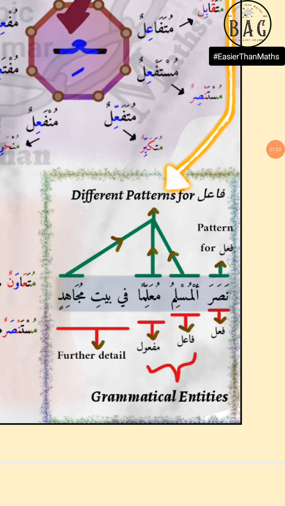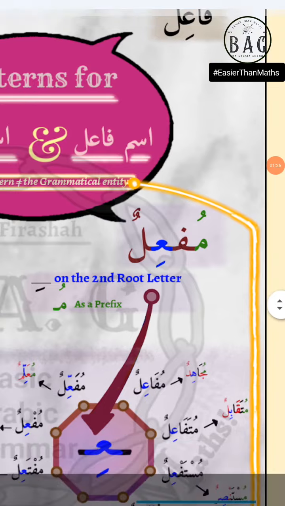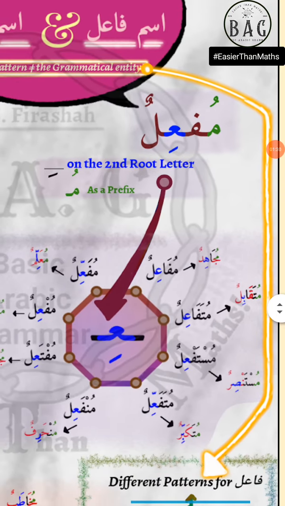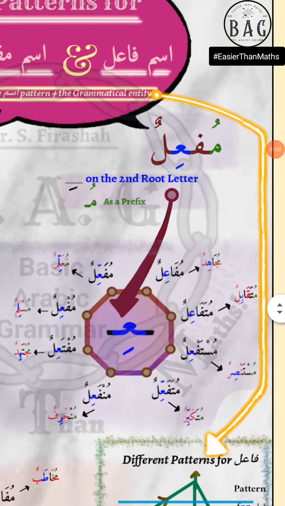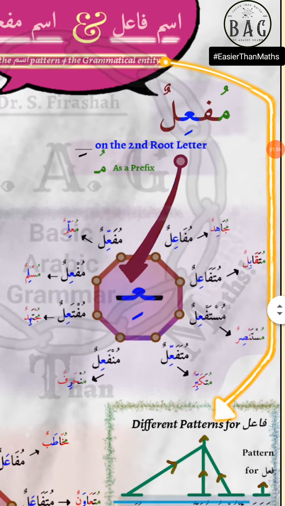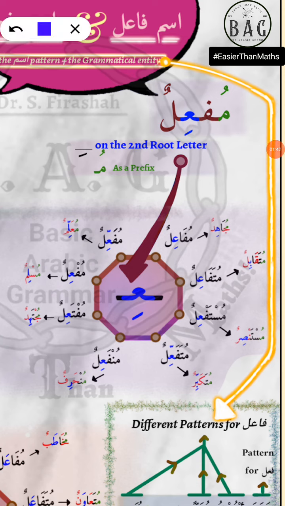Now I'll be telling you about another pattern of ism fa'il, which all of you are familiar with and you guys use it all the time, but perhaps without knowing. Okay, so inshallah I'll be making that task easy for you too.